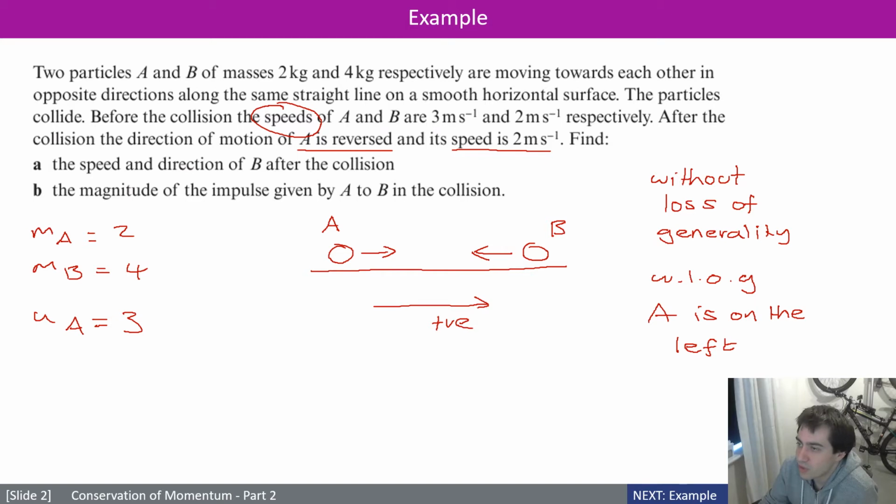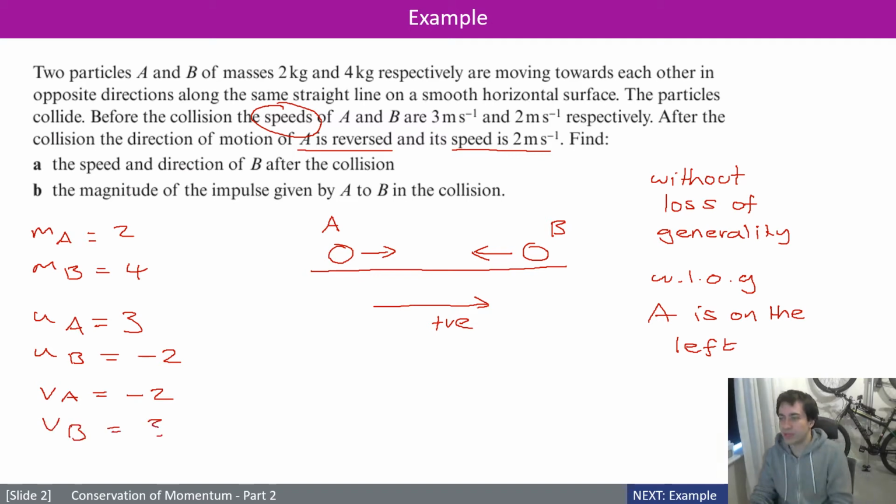So I'm taking right as positive, UA is 3, in that case then UB must be -2, because it's in the opposite direction. After the collision, motion of A is reversed, speed is 2, so VA must therefore be -2, because it's reversed, so it's minus. And now we just want to find VB.